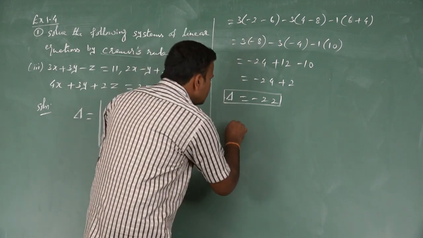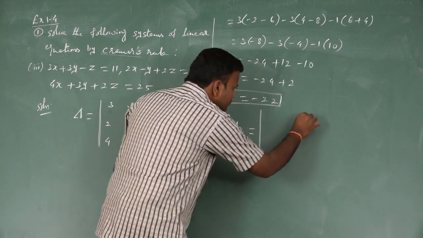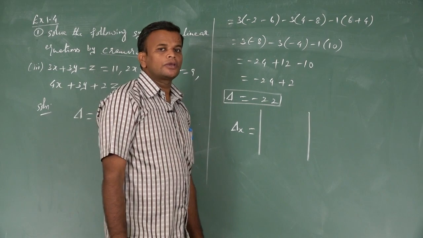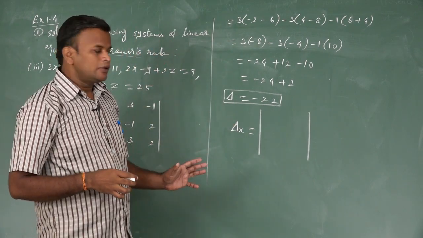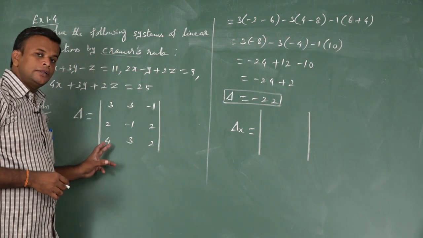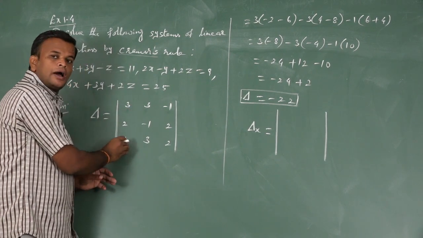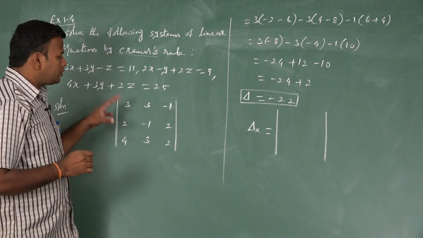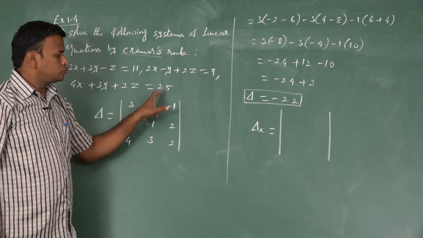Next we find the value of del x. It's nothing but a determinant. You know the working rule for how to find del x? In del, we remove the coefficient of x column and enter the RHS values of the given sum. The RHS values are 11, 9, 25.